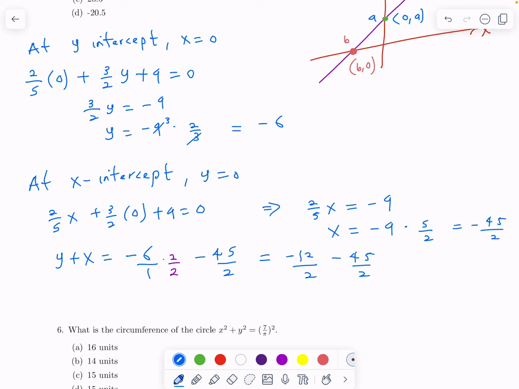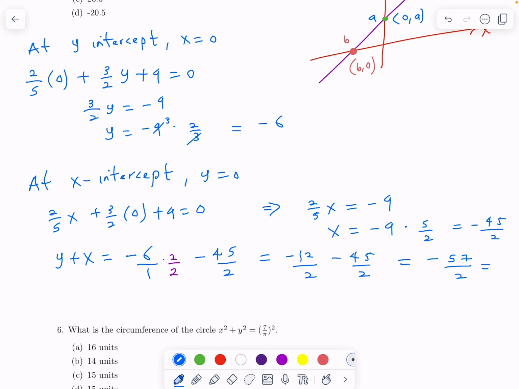The reason I did that is that I want the denominator to be the same, but I don't want to change the problem. So this is just going to be negative 57 divided by 2.